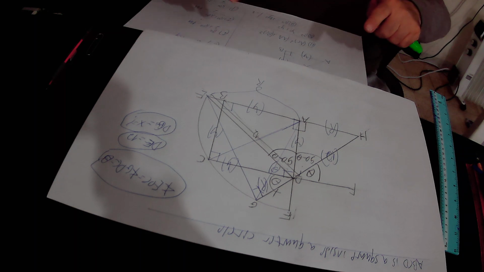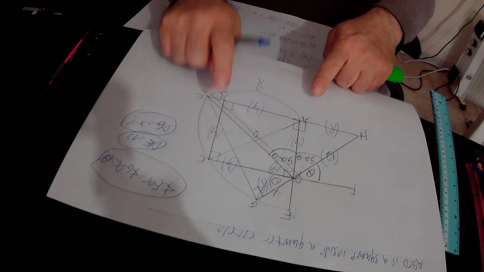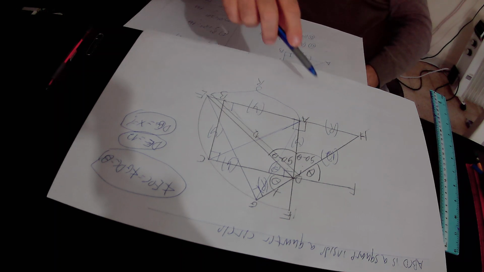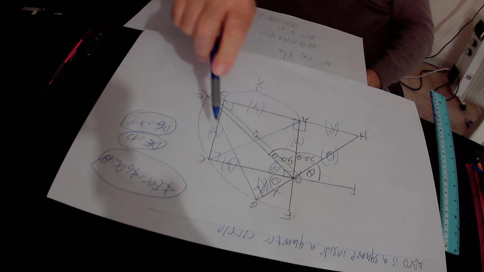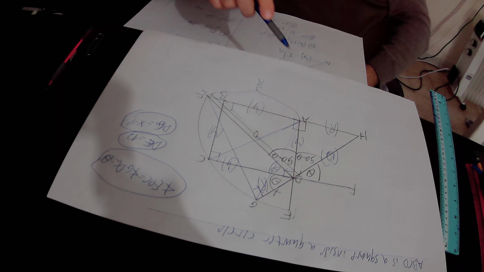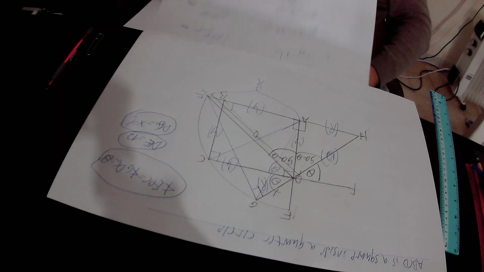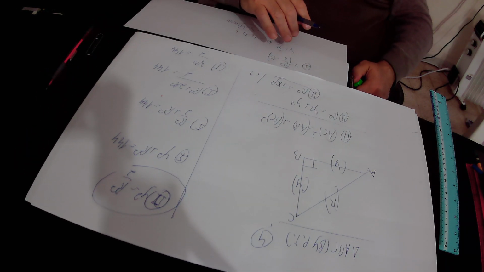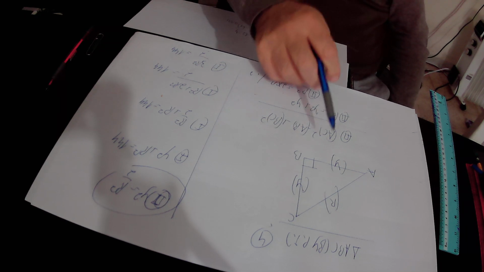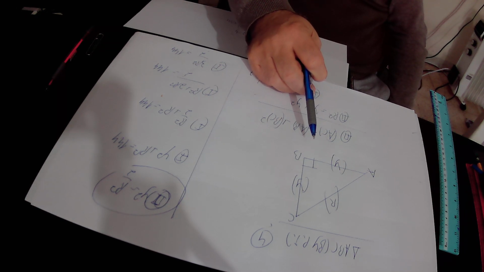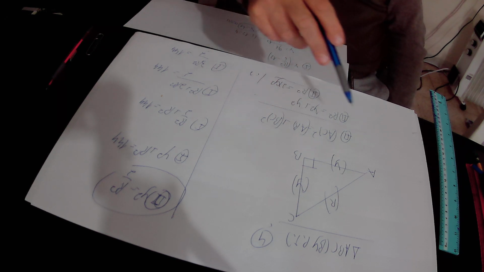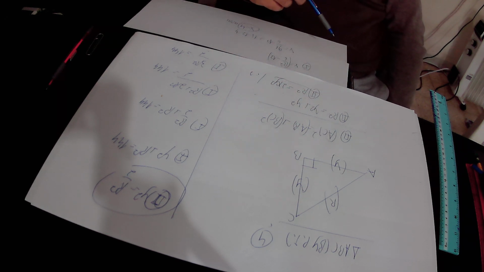Then we joined points A and C together by a straight line. By joining points A and C, we created the right triangle ABC. So I copied the right triangle ABC in a new page, and we applied the Pythagoras theorem. This is the right triangle ABC that I copied from the original drawing. According to the Pythagoras theorem, AC squared equals AB squared plus BC squared.